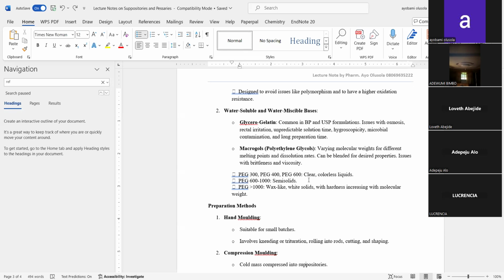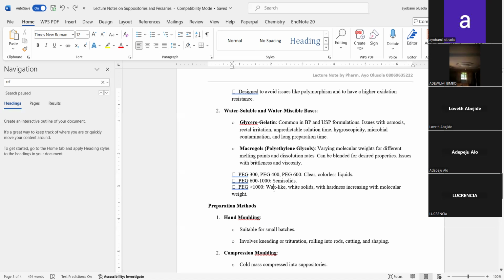If your hydrocarbon has low molecular weight, it will probably be gas; higher, it will be liquid; the highest, it will be solid. The same thing for polyethylene glycol. The ones with molecular weight of 300, 400, 600 are liquid. The ones with 600 to 1000 are semi-solid. The ones greater than 1000 are solid.